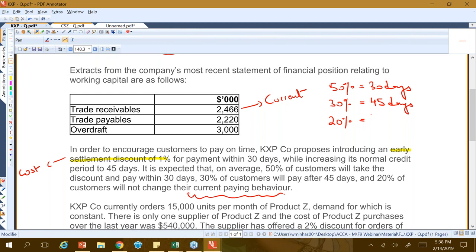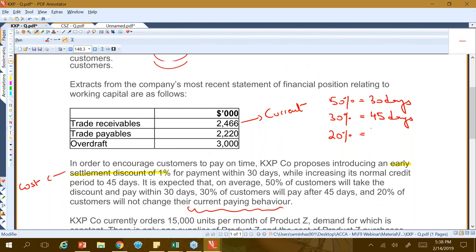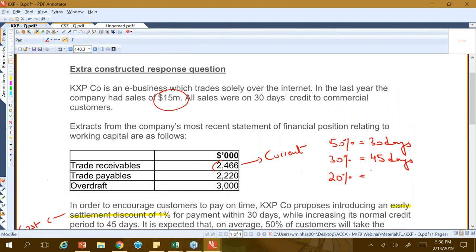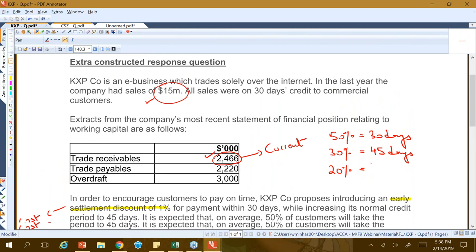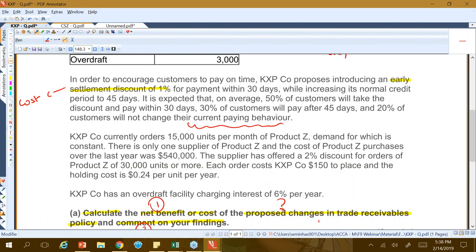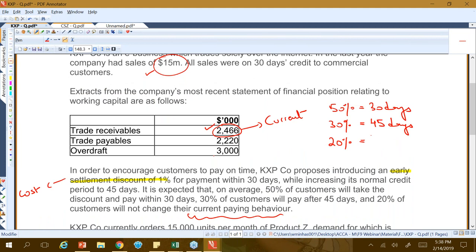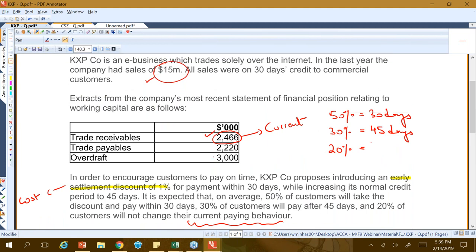Now, what is their current paying behavior? With this information, I have the trade receivables balance, I have the sales, and I know that there are 365 days in this year. Can you please calculate the current receivable days for me? We have the receivables balance of 2466, the sales of 15 million, and 365 days. So can you find the current receivables days?